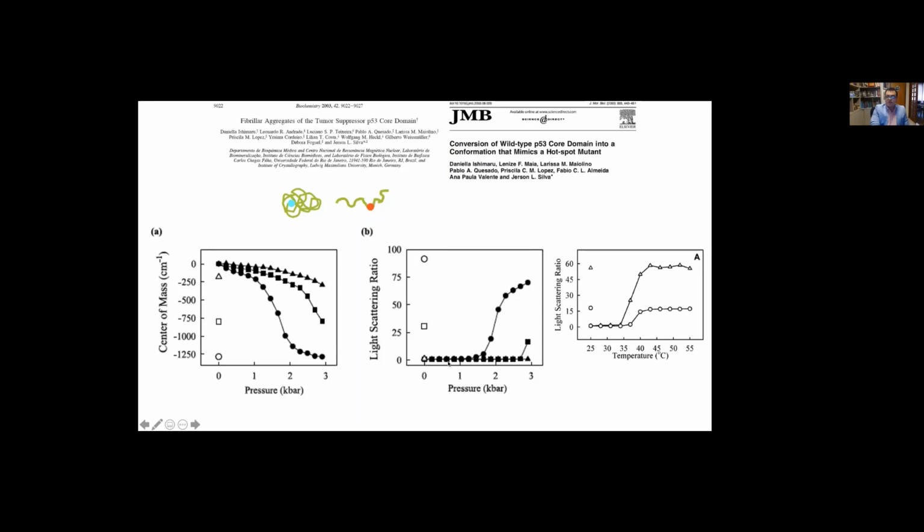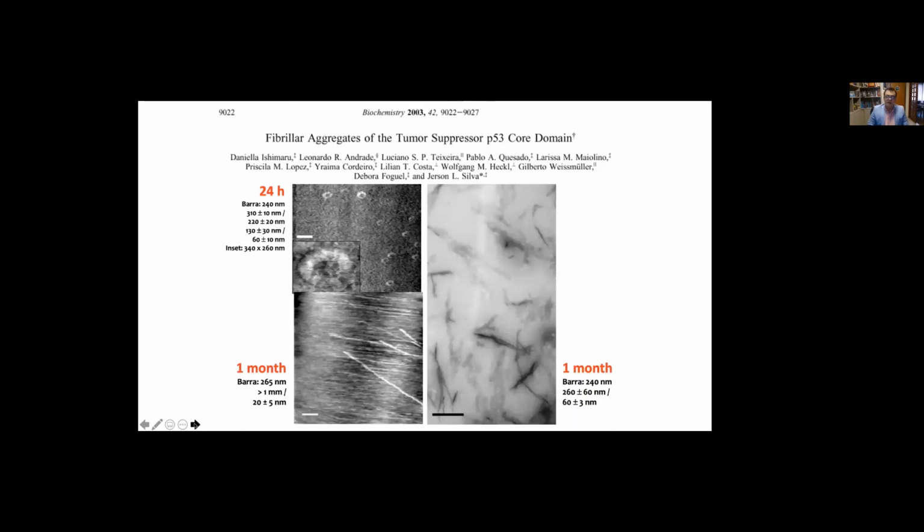When we compared, for example, the wild type with a mutant by high temperature, the mutant not only aggregates but forms large aggregates, with binding of thioflavin T and higher light scattering values.